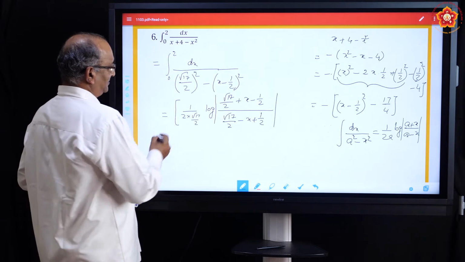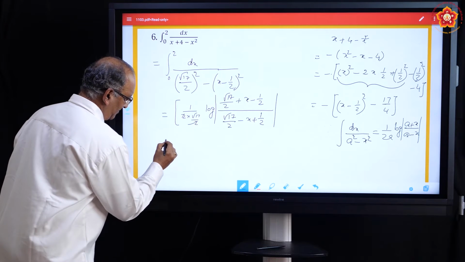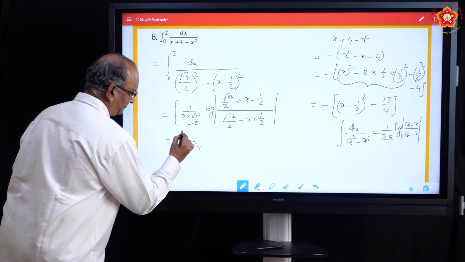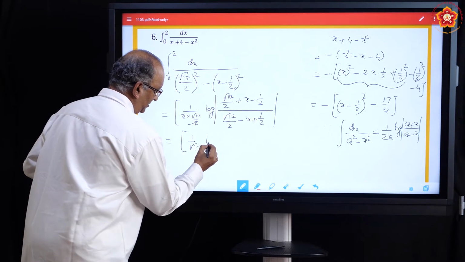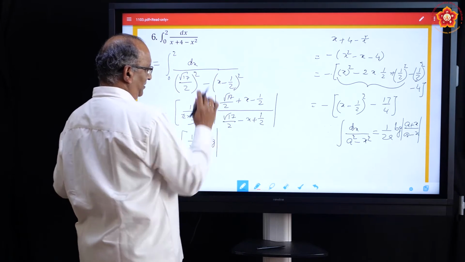Here what happens? 1 by 2a, so these two will get cancelled. We have 1 by root 17 log. Try to simplify. You can see 2 is the common denominator.